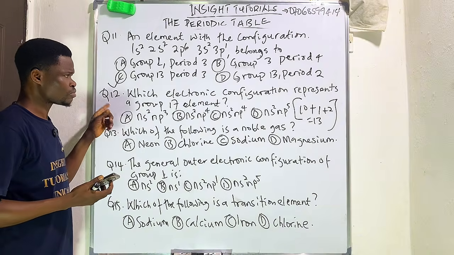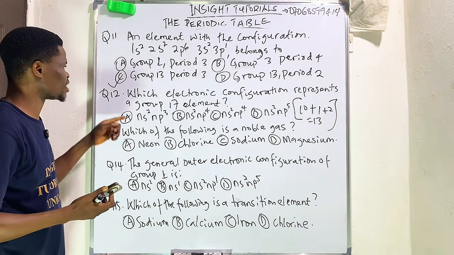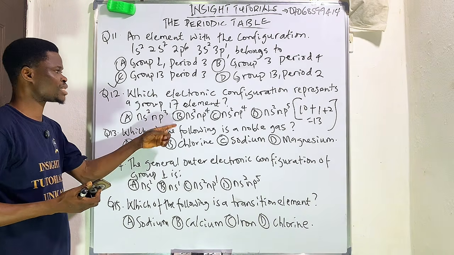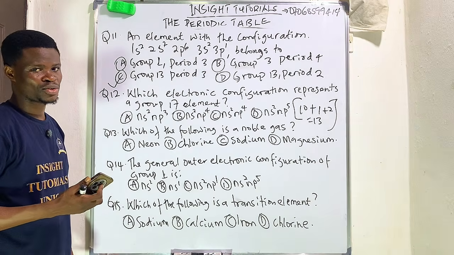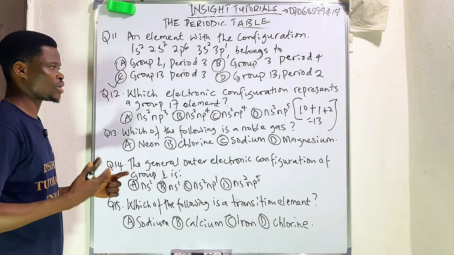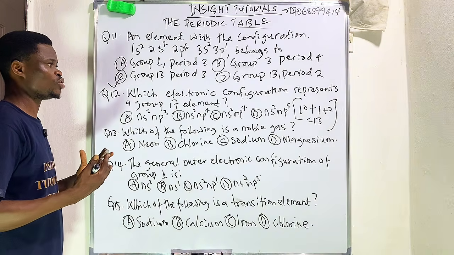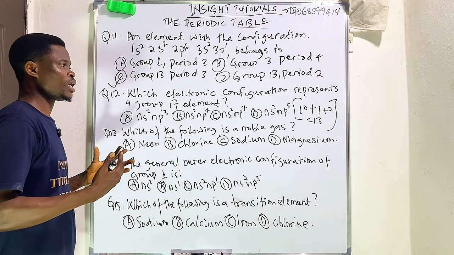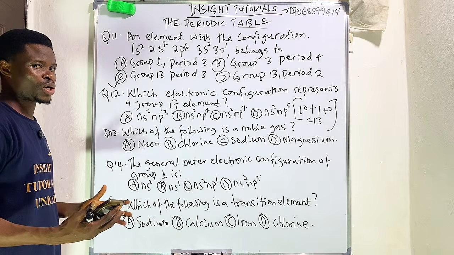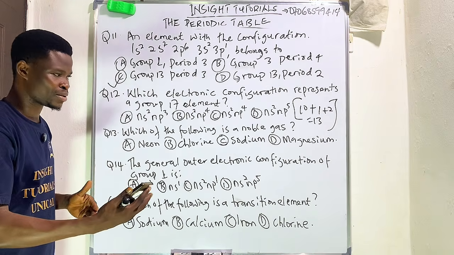Question 12 says, which electronic configuration represents a group 17 element? That principle will still help us in answering this question. With a group 17 element, we're going to add 10 plus what electrons to give us 17?